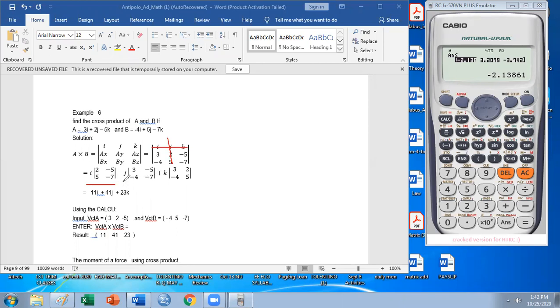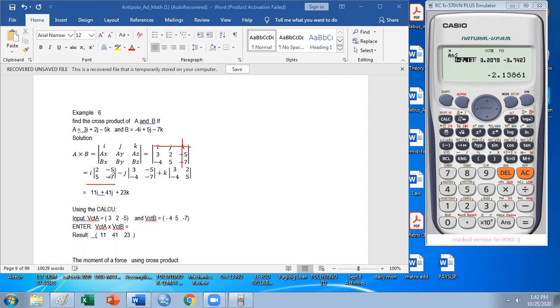Then for k, delete its row and column, leaving 3, 2, negative 4, 5. Signs are positive, negative, positive. Then evaluate the determinants.